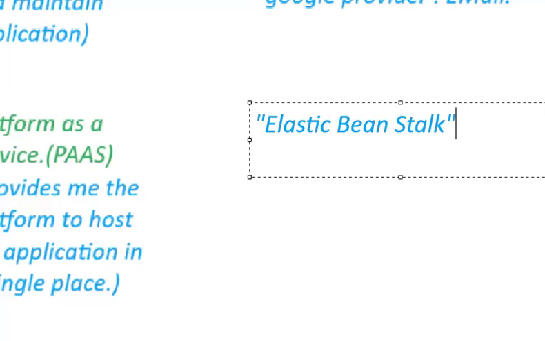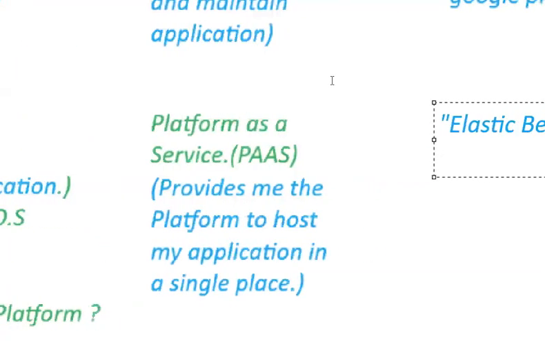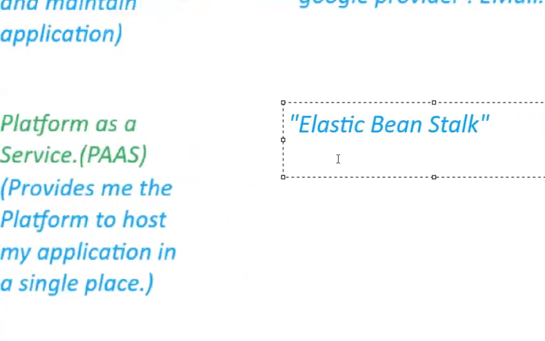At the starting, AWS provided us infrastructure as a service, but as the days went on, it improved its services and fulfilled the needs of customers, including platform as a service model customers. For them, it provided this service.